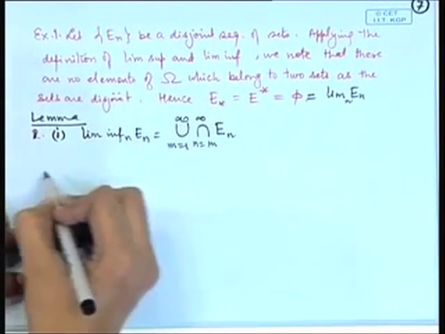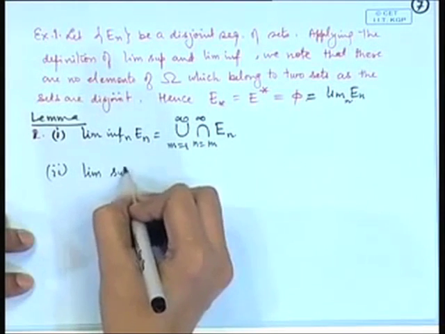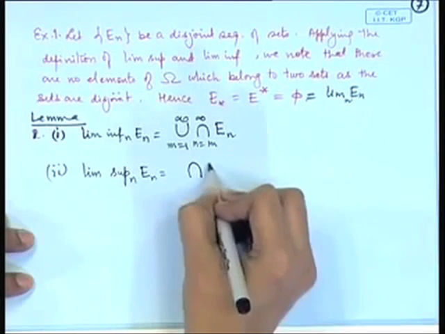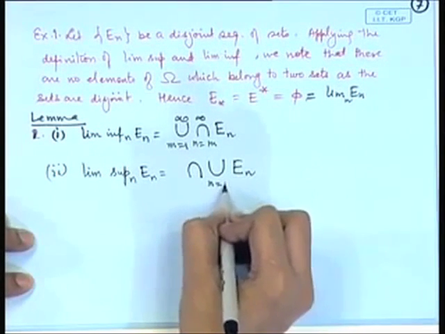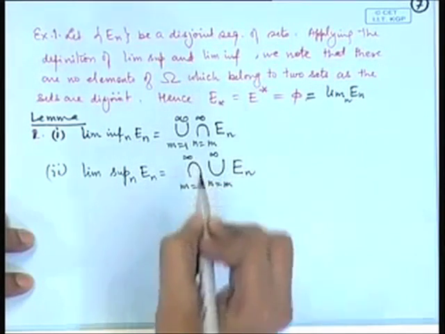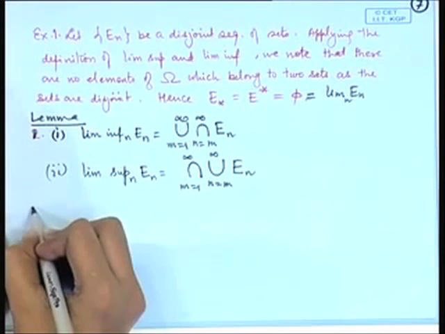In a similar way, limit superior can be written as intersection union of En, n is equal to m to infinity, m is equal to 1 to infinity. To prove these statements, let us take the first case.